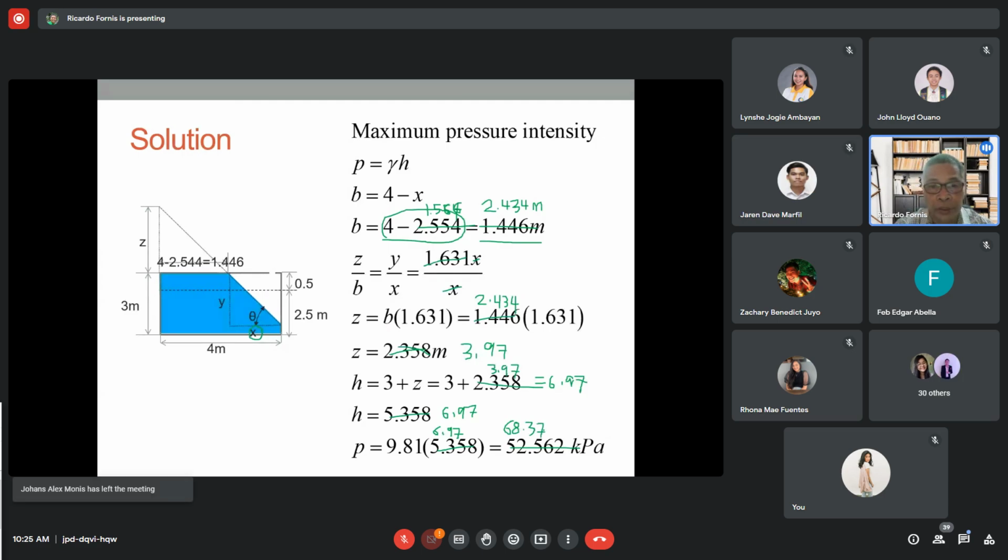Okay. So the correct value of Z, if we are going to correct this, should be 3.97. So the pressure at the centroid of the submerged surface will now become gamma multiplied by h bar, which is 9.81 multiplied by h bar, where h bar would be 1.5 plus 3.97.